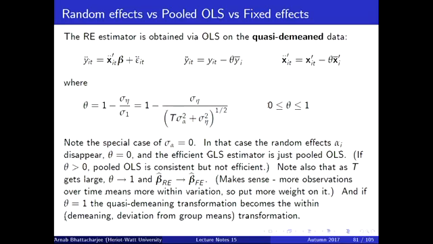So back to my model again. What is my model? My model is y_it equal to x_it prime beta plus alpha_i plus eta_it. It's a composite error term.